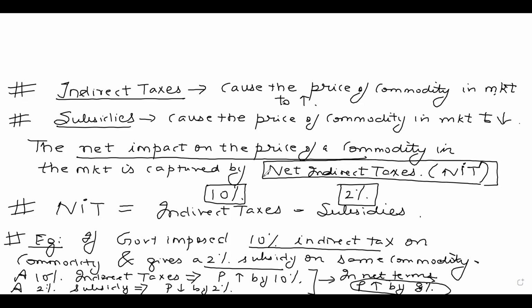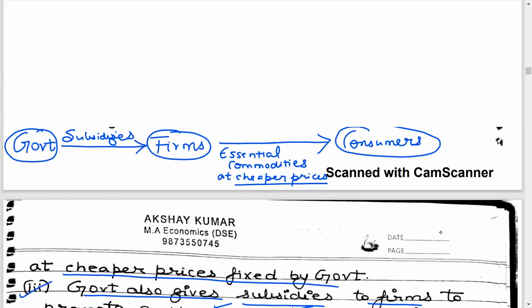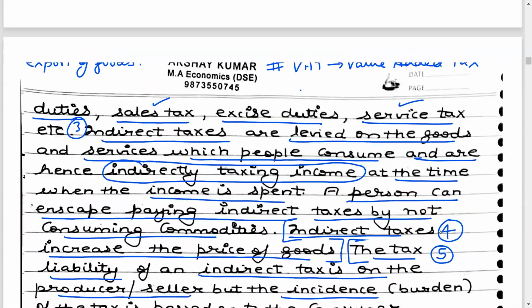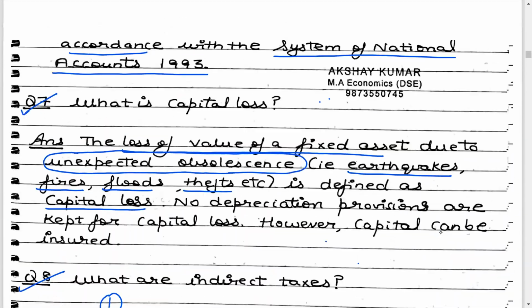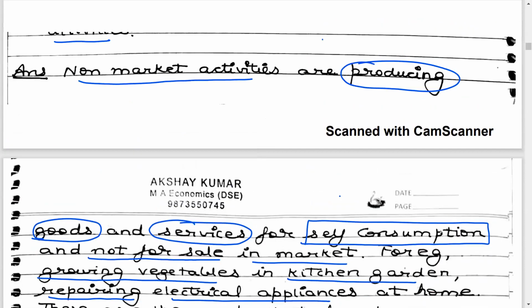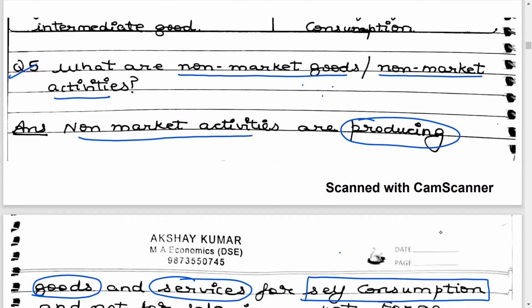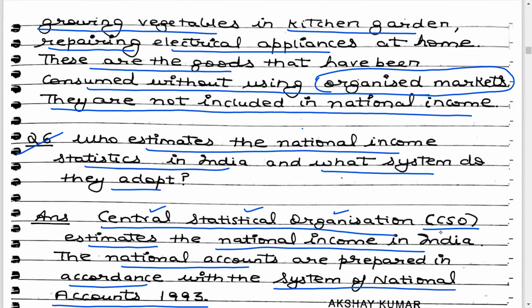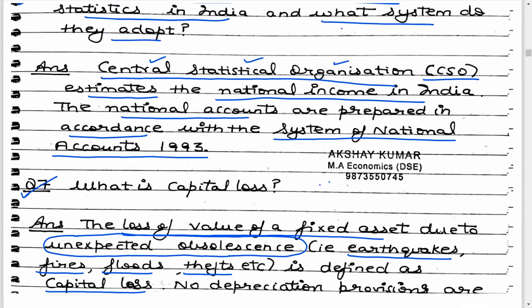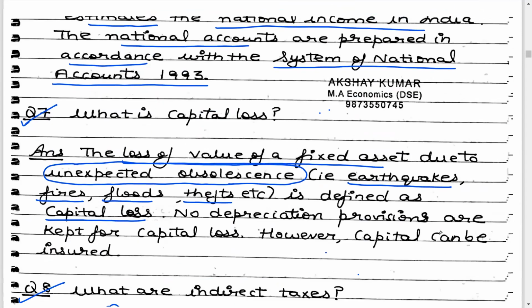Okay, so guys, this is where I intend to stop in this particular lecture. What we have covered in this lecture, if I quickly go through it: starting from question 5, we have discussed non-market activities, who estimates national income statistics in India and the system followed.